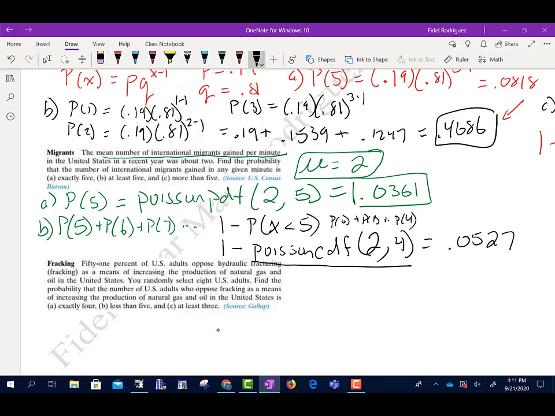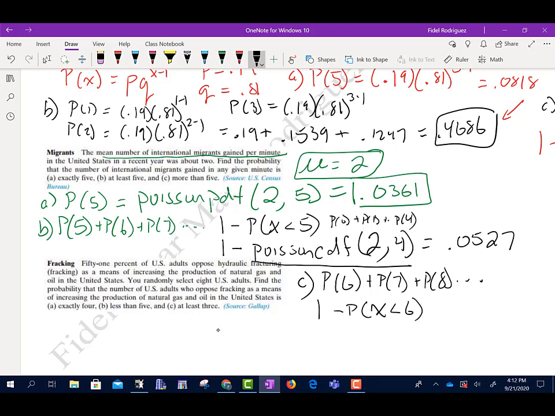Okay. And then there is a part C, more than 5. Remember what more than 5 means. More than 5 means what? 6, 7, 8, so on and so forth. So this is very similar to part B. And then I'm going to do 1 minus the probability that it is less than 6, right?